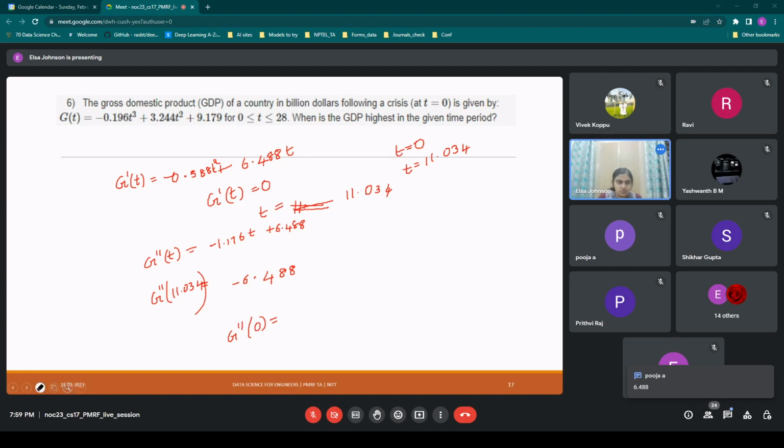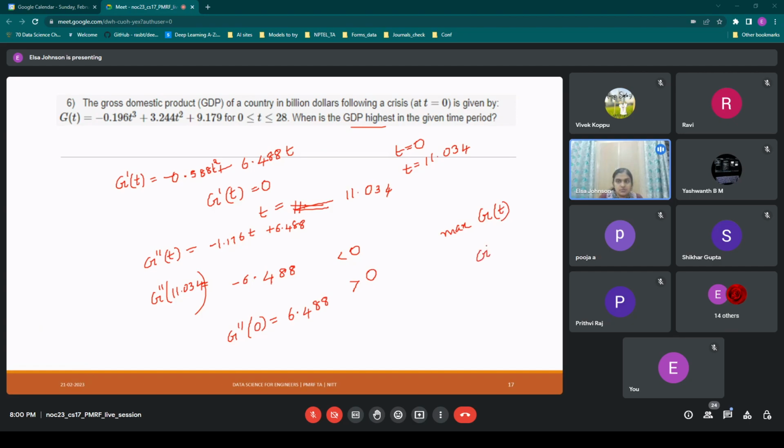So which value is positive and which is negative? This value is less than 0. This one is greater than 0. Our question was about GDP being the highest, and for GDP to be the highest means maximizing that GDP value.